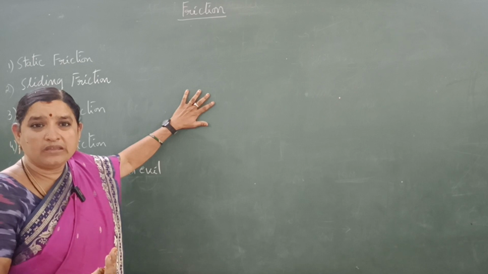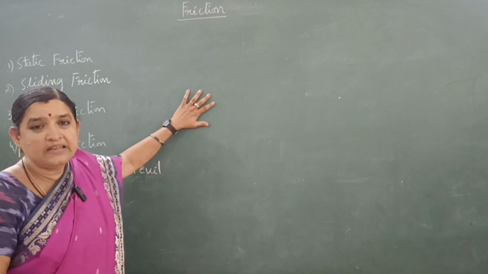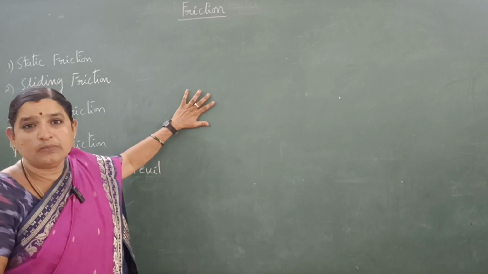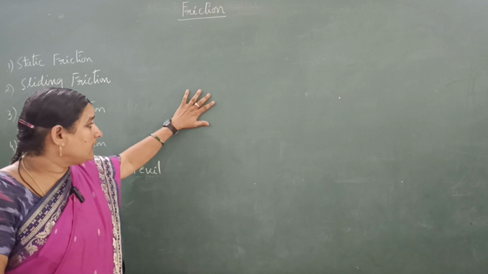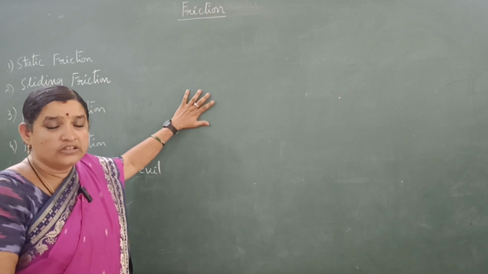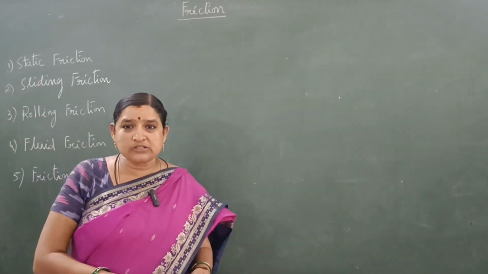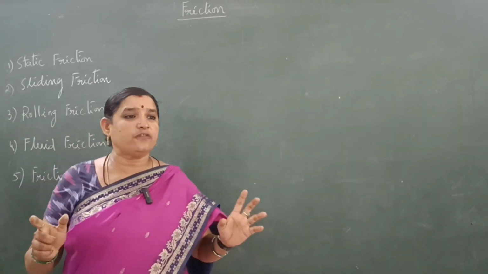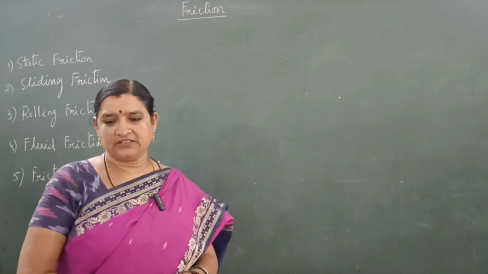So there is no change in the position of the board. That means the net force acting on the board is 0. That is called static friction.